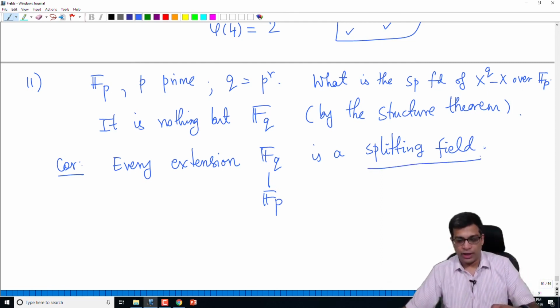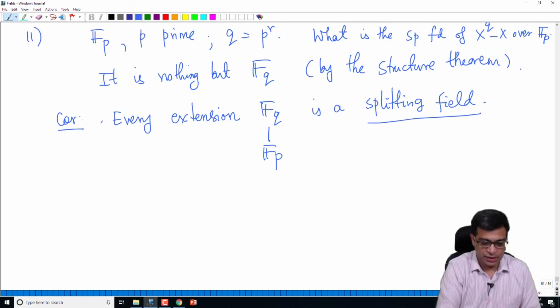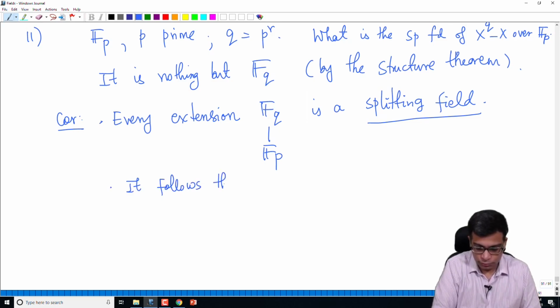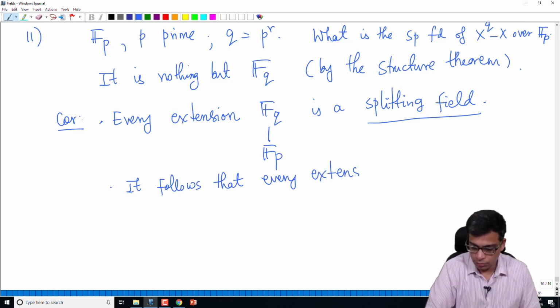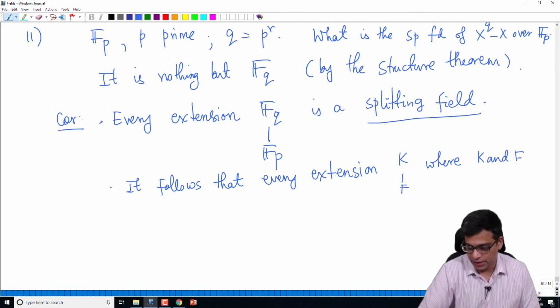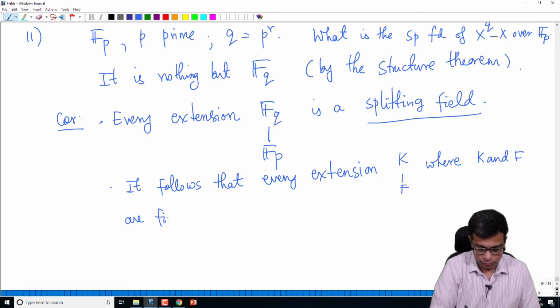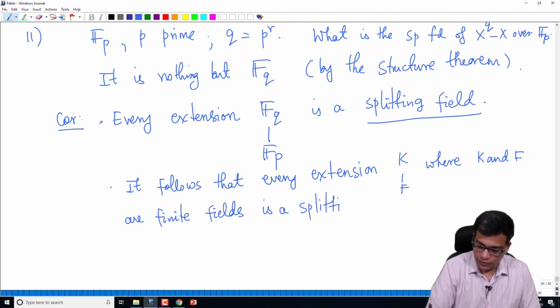And one can show that every extension K over F, where K and F are finite fields, is a splitting field of some polynomial.